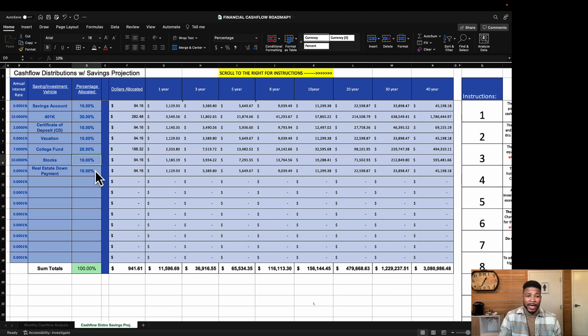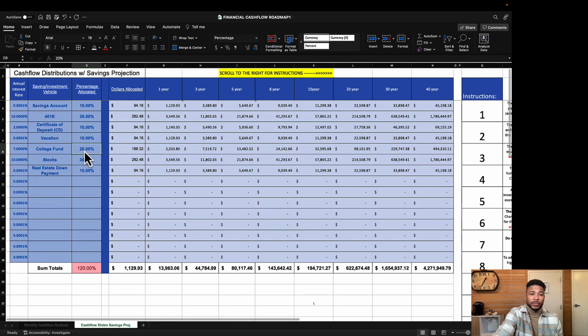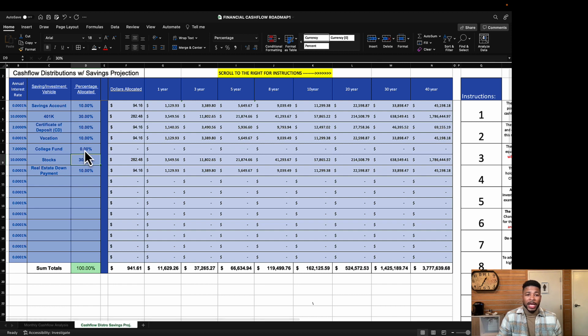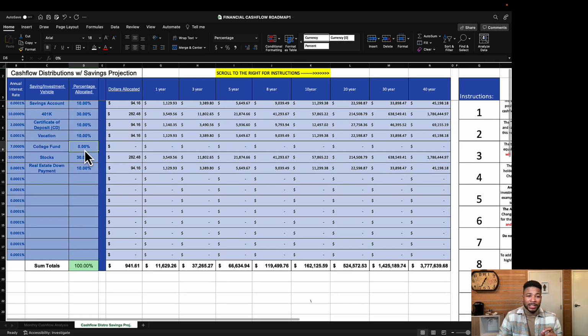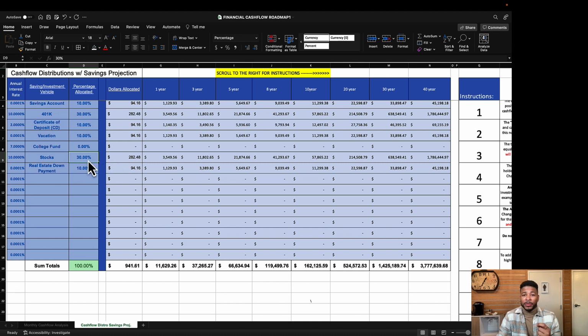If I want to allocate 30% to my stocks, I need to change that to 30%, and then I'll also reduce my college fund to 0%. As you can see, if I'm allocating $0 to my college fund, then we don't have any money being allocated month over month. Our stocks, we're allocating 30% of our monthly cash flow, and you can see how it's performing year over year at a 10% interest rate.